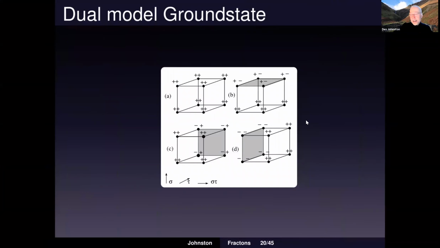And again, if I forget about entropy effects, if I forget about temperature and just have a look at the energy, I can see that I can flip planes of spins in this anisotropic Ashkin-Teller model as well. I just have to choose whether to flip the sigma or the tau spin or both of them in the different directions. So I get the same degeneracy in the ground states and the low temperature phase.